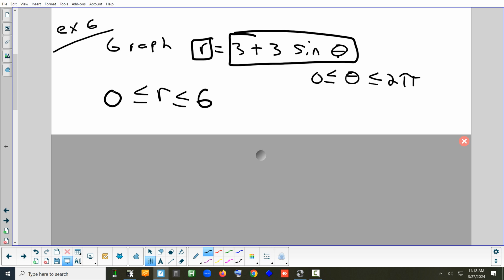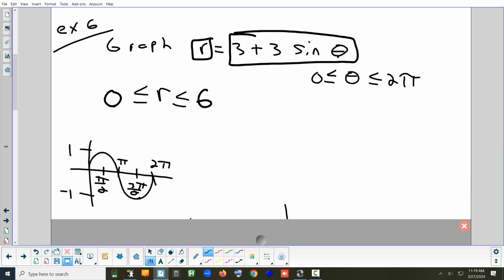So yes, you could potentially get -6, but it would still be 6 units away. I'm looking for how close this gets to the origin. So at some point, the graph goes right through the origin, but at most, it's 6 units away. So if you had a window like -7 to 7, -7 to 7, you're going to be able to see this graph. That's why I just did that.